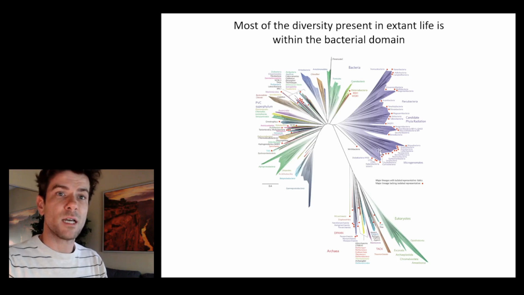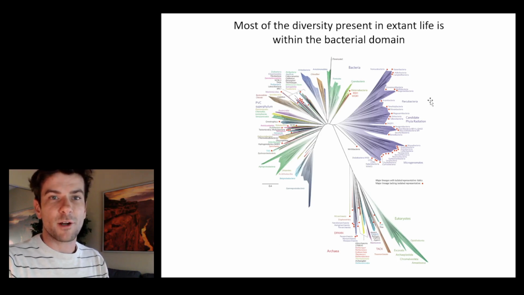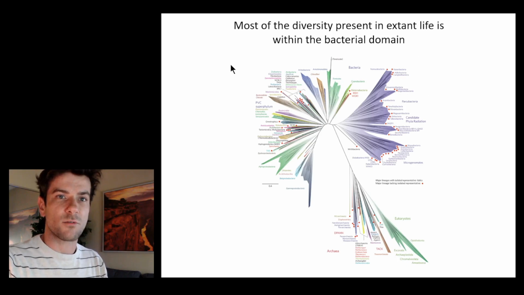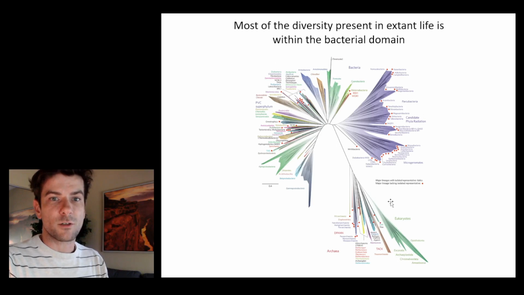But in any case, to talk a little bit more about what does that stuff, this is a very recent tree of life. And so this is all of life as we know it right here. And it's divided up essentially into two categories. This is the bacteria there, and this is archaea here, and this is eukaryotes here.